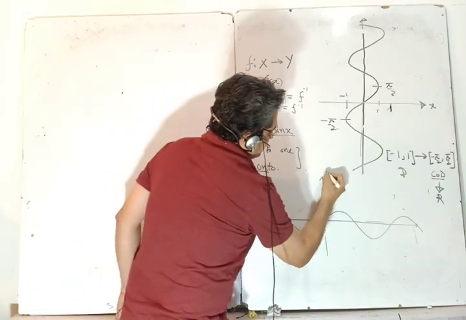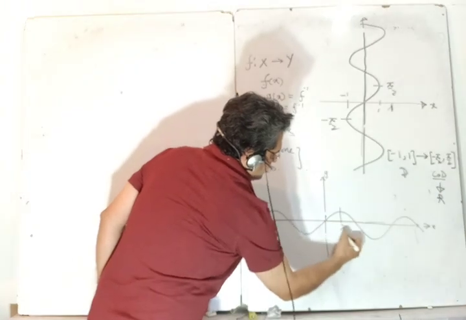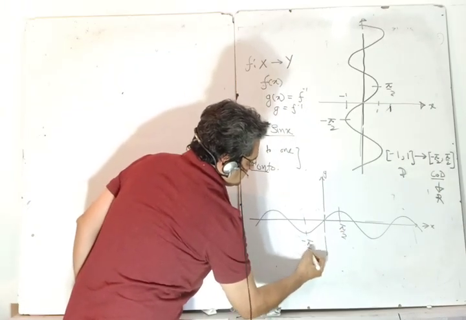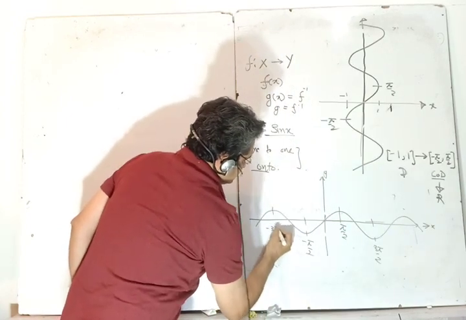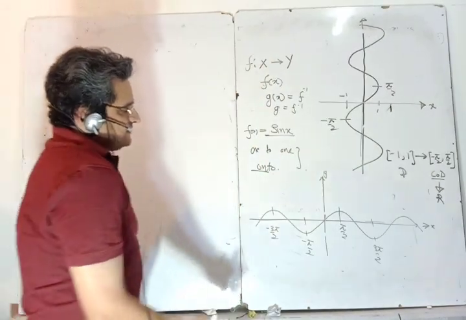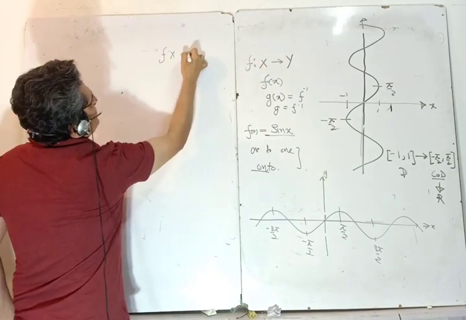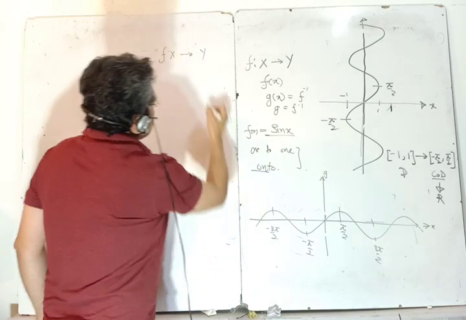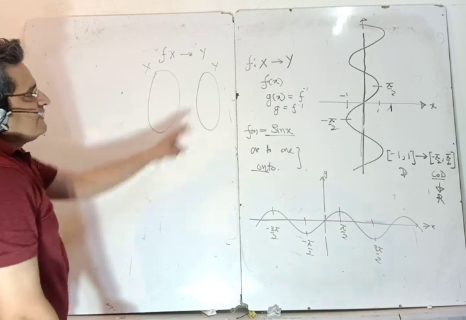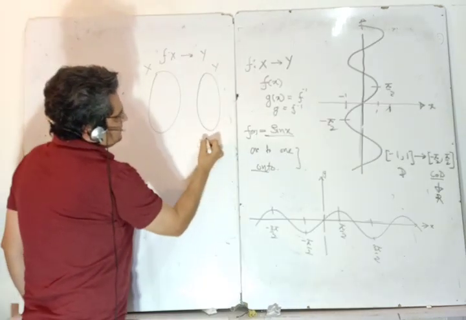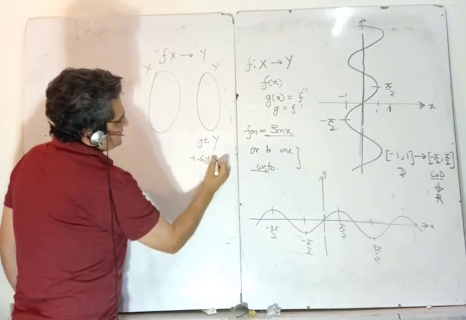Now, this is y and this is x. This is pi by 2 and this is minus pi by 2. This is 3 pi by 2 and this is minus 3 pi by 2. If I've defined the sine function from X to Y, I have defined y such that y belongs to Y and y is greater than or equal to -1, less than or equal to 1.